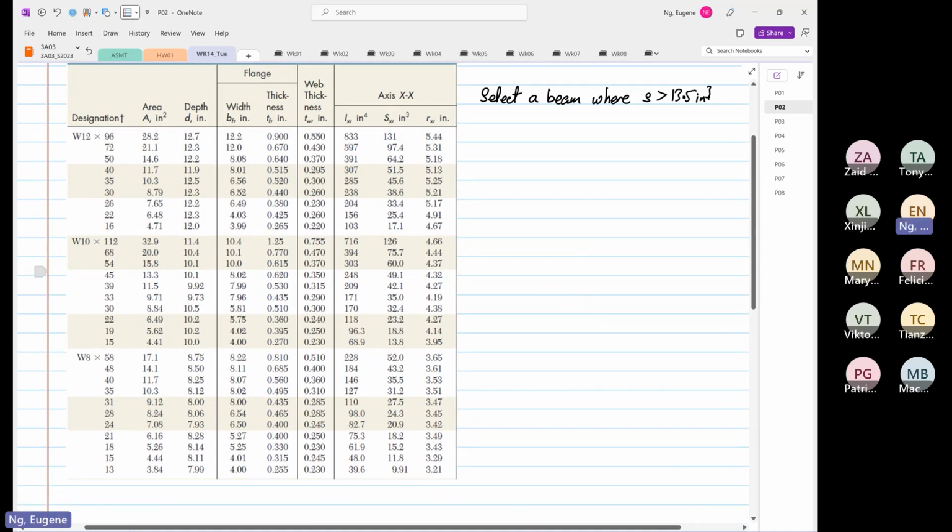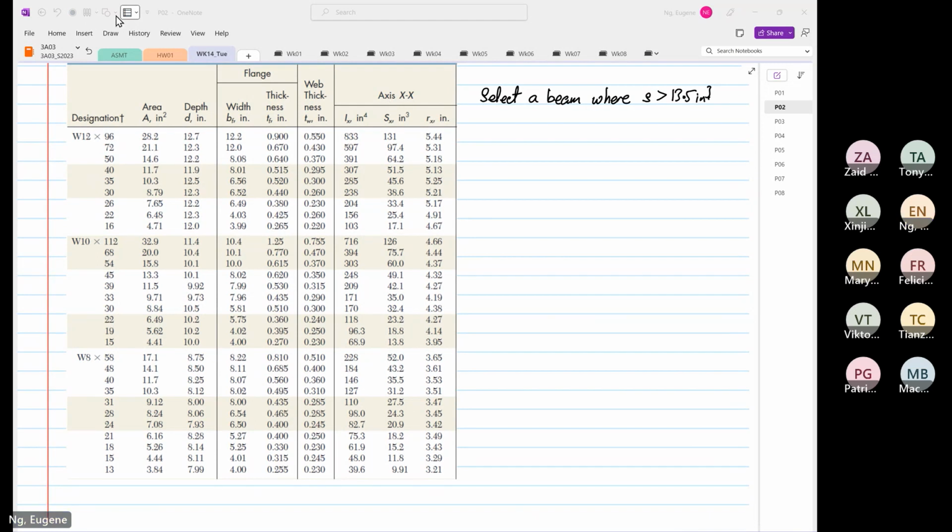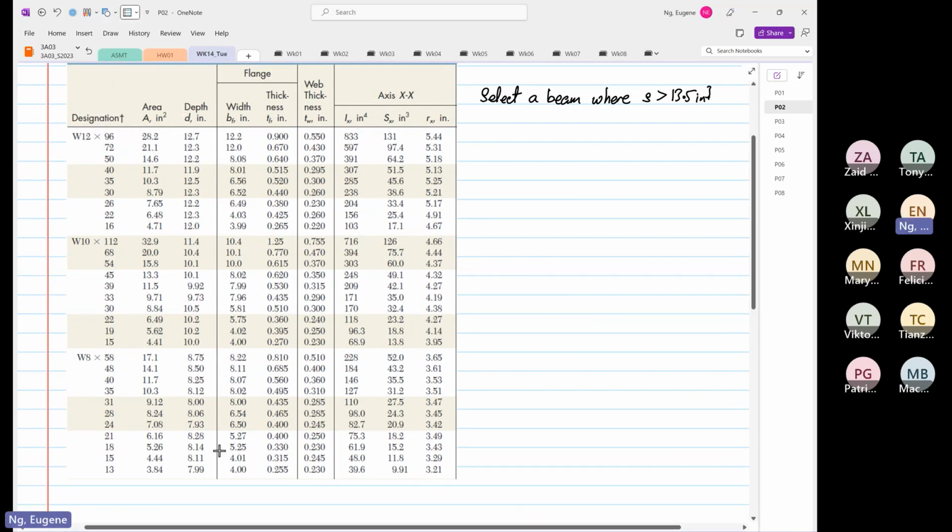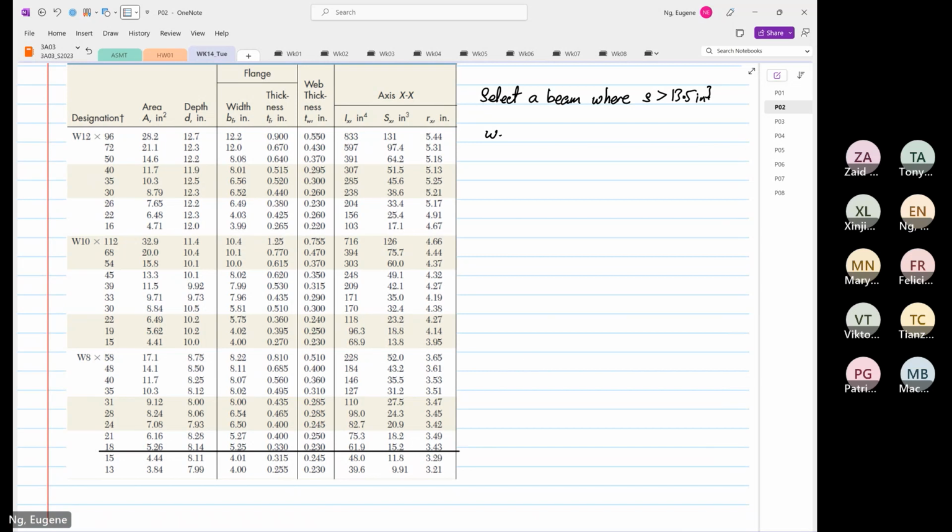You can see this is 15.2. So we can use W8 by 18. The S is 15.2.